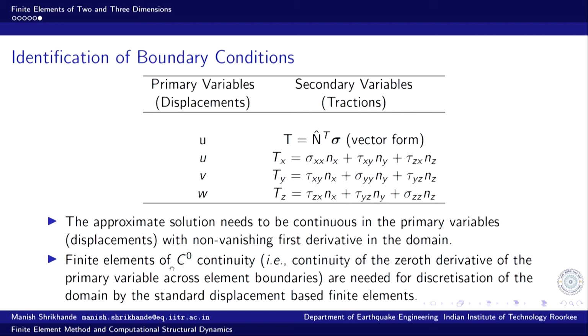The element itself has to be of C0 continuity, finite elements of C0 continuity, that is continuity of the 0th derivative of the primary variable across element boundaries, are needed for discretization, exactly the same as the inference from the boundary term for the one dimensional problem. For two dimensional problems also it is the similar kind of inference that is drawn.